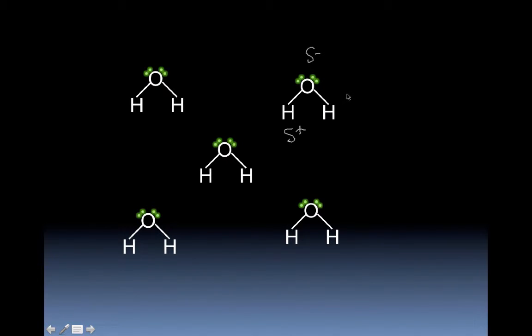Hydrogen bonds form between the partial positive end of one water molecule and the partial negative end of another. Hydrogen bonds are always drawn with dotted lines, as I'm doing here. And notice that the water molecule in the middle has formed 4 hydrogen bonds with its neighboring water molecules.